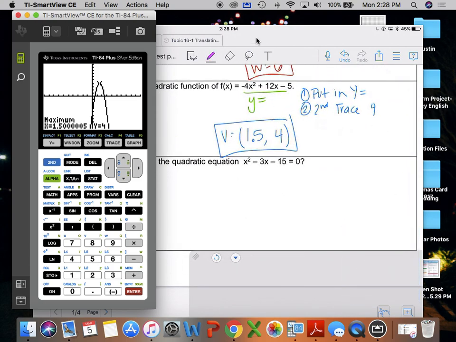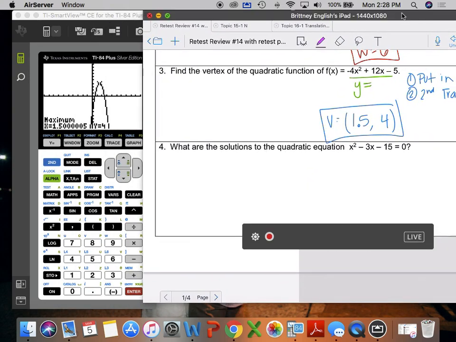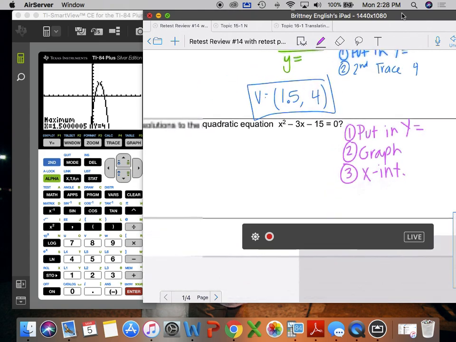Problem 4, they asked me to find the solutions to this quadratic equation. So my steps are going to be put into y equals, graph. Solutions mean x-intercepts. So graph and find your x-intercepts.